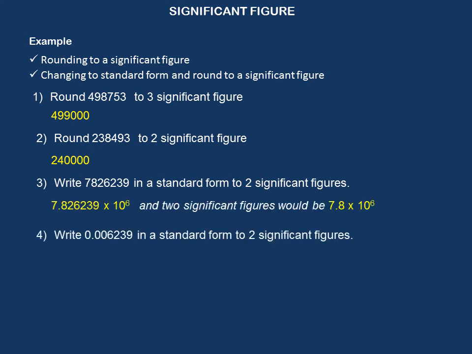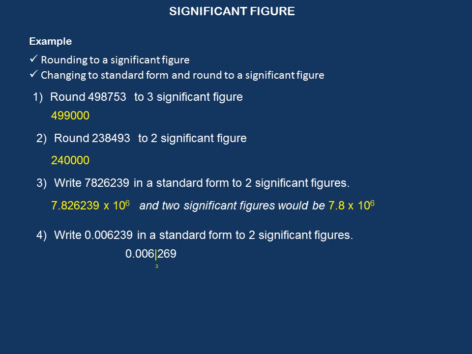Let's look at another example, where the number starts with the decimal point, and we need 2 significant figures only. So we move to the right hand side to get the number that is between 1 and 9. We're going to put the decimal point just after the first digit that is between 1 and 9.